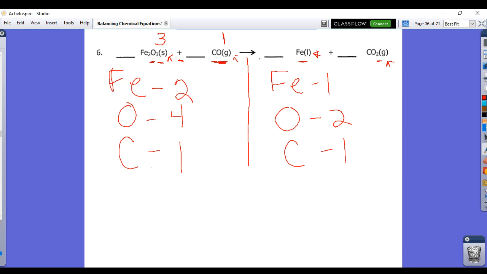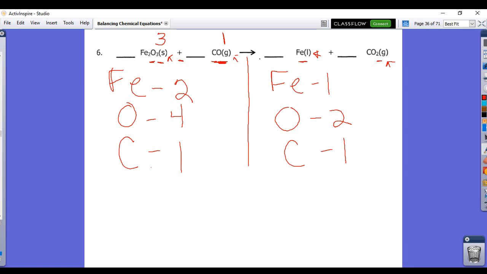An S stands for solid, G stands for gas, L stands for liquid. And then there's a fourth one called AQ, which is aqueous, and that means it has been dissolved in water. So you can go back and look at the PowerPoint on balancing equations. You do need to know those symbols, but they have nothing to do with balancing the equation. It's just telling you the state of matter.